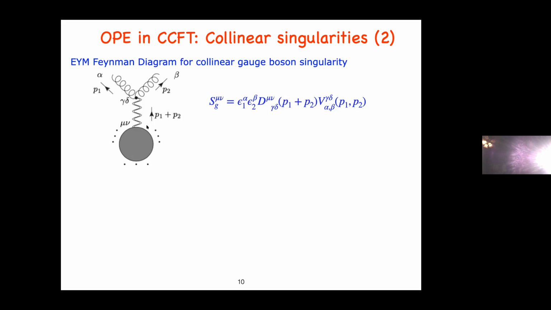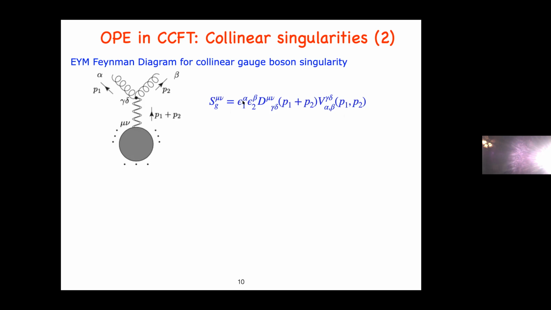This diagram can become singular, can develop a singularity. The singularity would appear because of the propagator of this graviton, which blows up in the collinear limit. Of course, I say it may be, because we also have the 3-point vertex that, depending on its form, could give you some kind of cancellation.